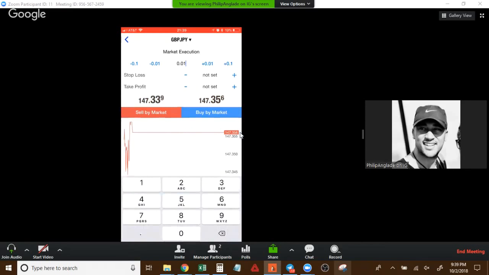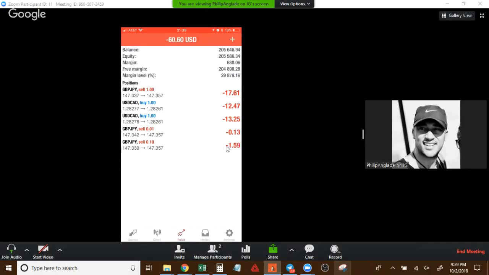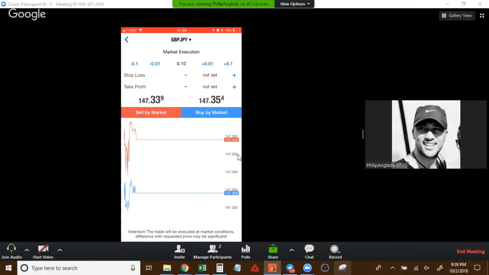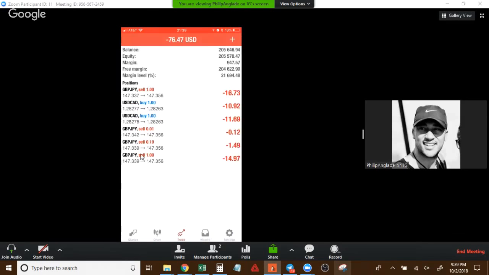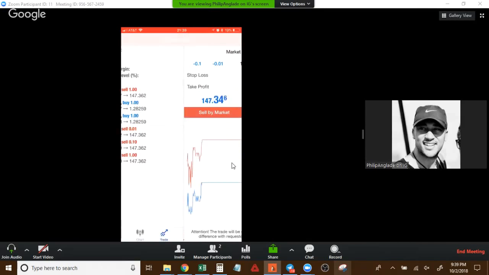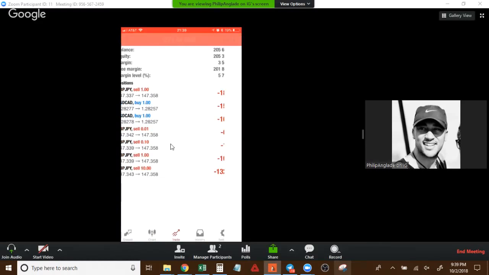And then let's say I did this one, 0.10 sell, and you're going to see this is going to be moving by tens of pennies, 10 cents each. Now this is what we call a standard lot. It's going to be moving by dollars. This is a 10 lot. It's going to be moving by tens of dollars.